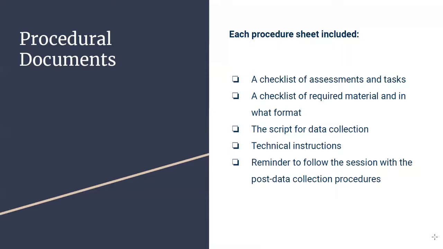And in the main procedure document, we started with a checklist of assessments and tasks to make sure that nothing was missed, a checklist of the required material and whether it needed to be a hard copy versus a virtual copy. An example of why we might have a hard copy in a virtual study is if we are doing any kind of live scoring. It is much easier to do that while you are looking at them and writing down.